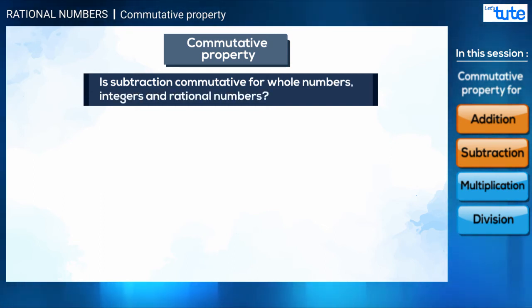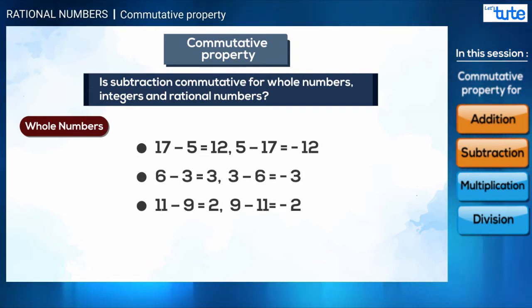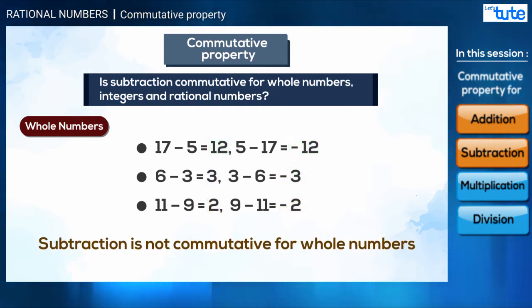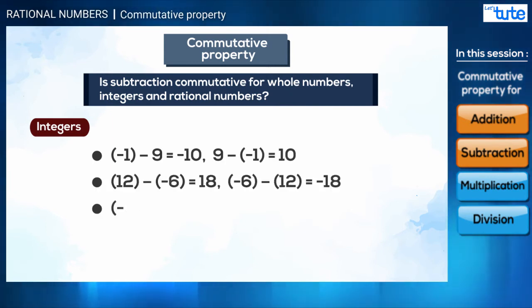We first check for whole numbers. Here we can clearly see that when we change the order of whole numbers in subtraction, the result also changes. Hence, subtraction is not commutative for whole numbers. Now, what happens when we subtract two integers?